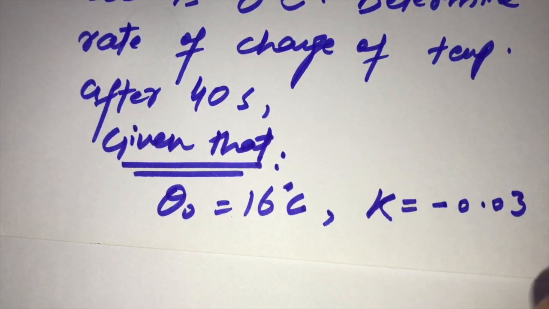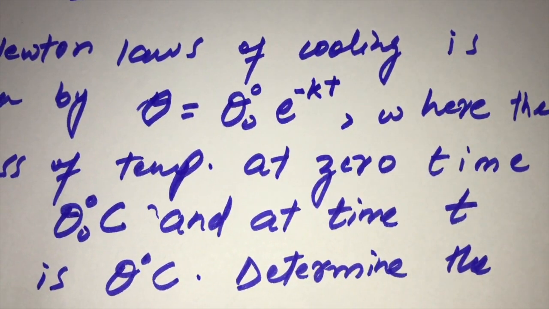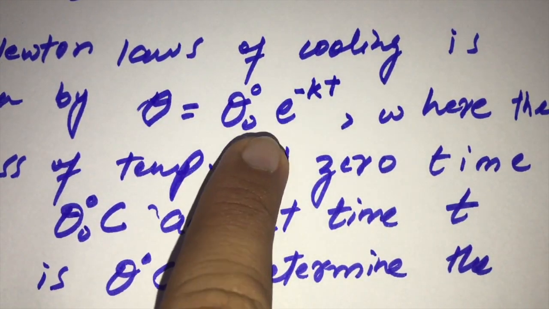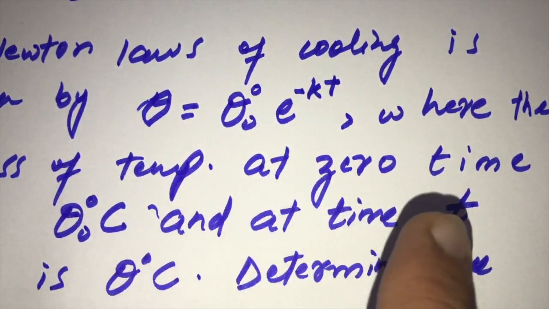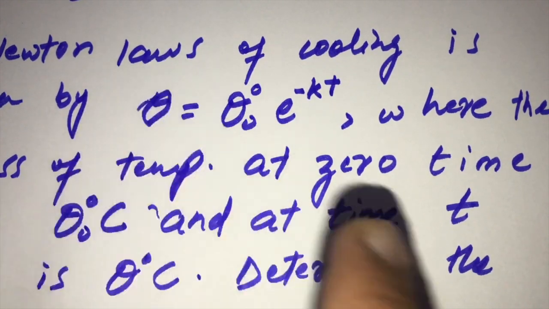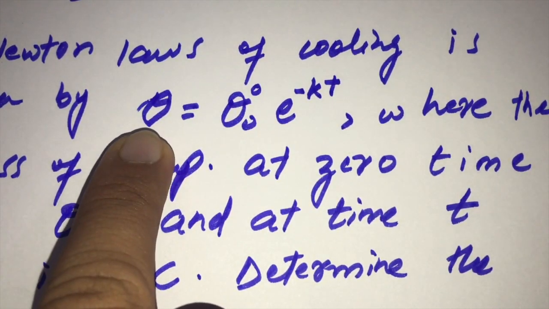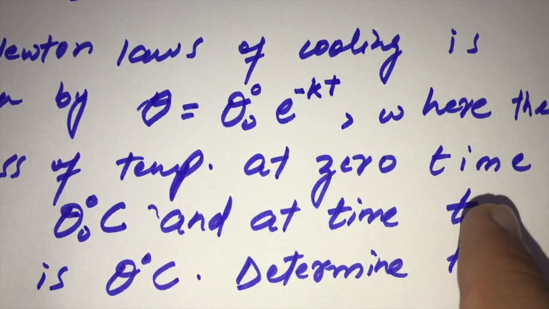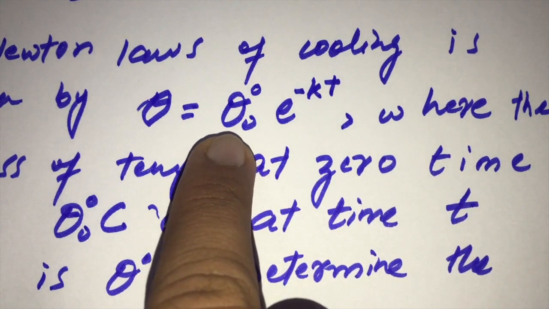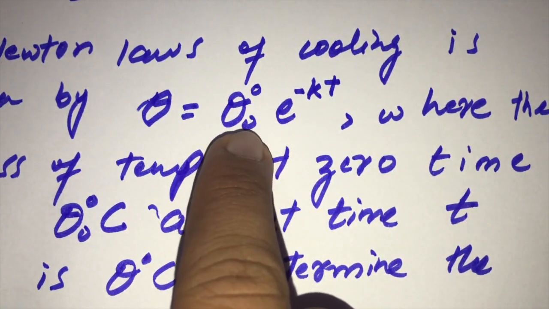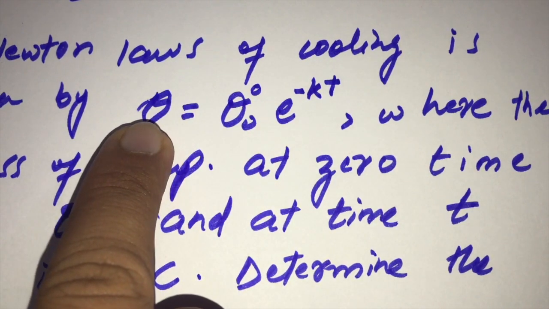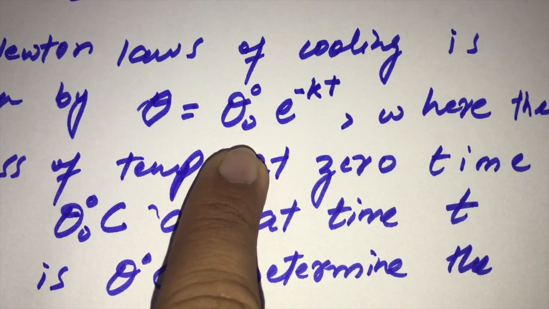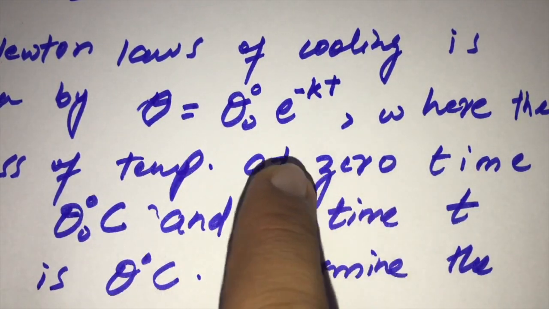So first I explain the problem. We are given this relation: theta is equal to theta naught e raised to power minus kt. Here theta is the temperature we measure after t seconds, and theta naught is the temperature we measure at time t is equal to 0.